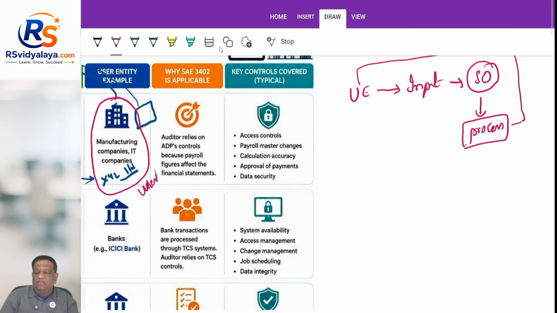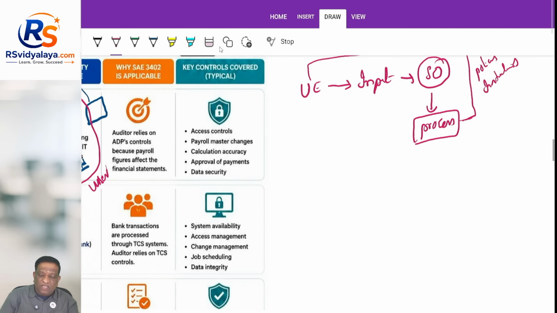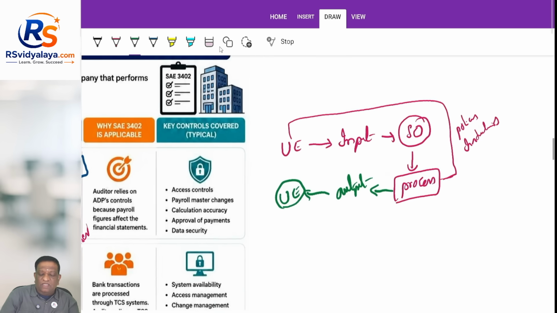Whatever policies or instructions are given by the user entity, they consider, they process the data according to the requirements, and then they give the output to the user entity. Let's take the example of payroll.